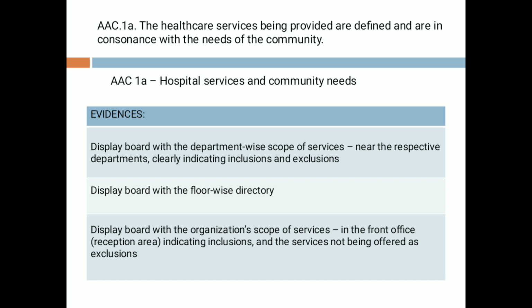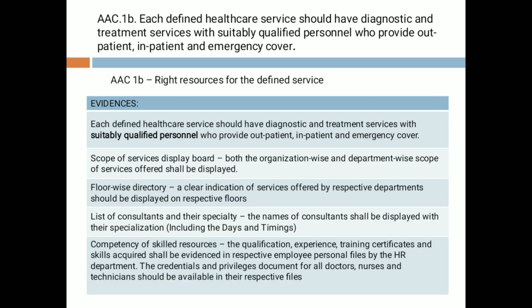A display board with the floor-wise directory, and a display board with the organization's scope of services in the front office reception area, indicating inclusions and the services not being offered as exclusions. Objective element AAC.1B.